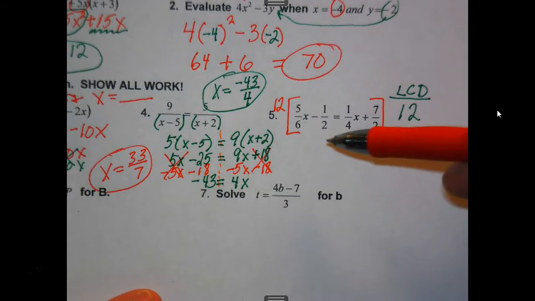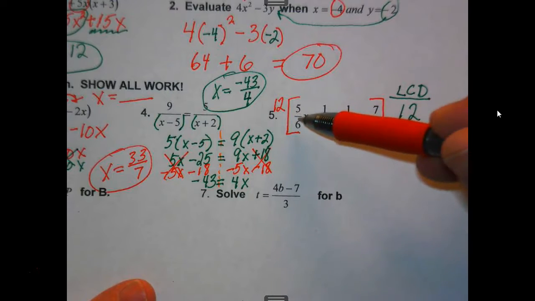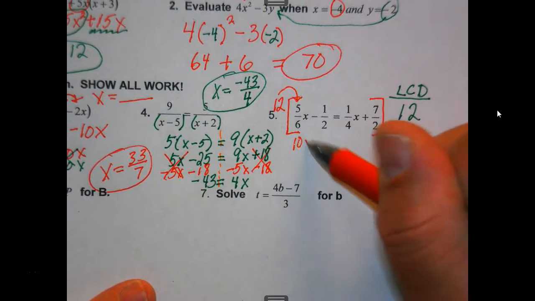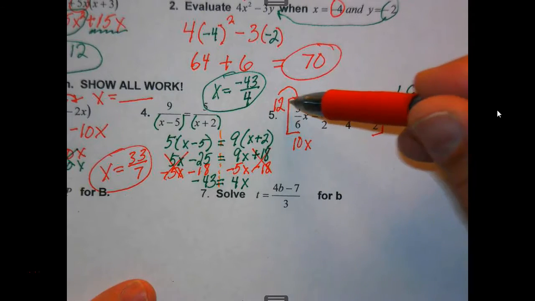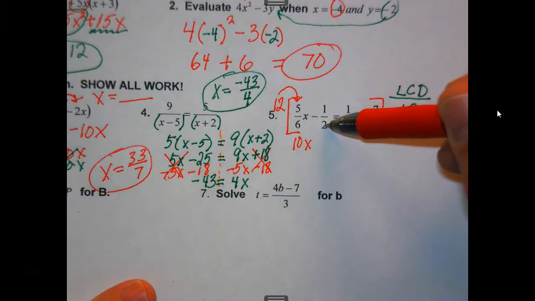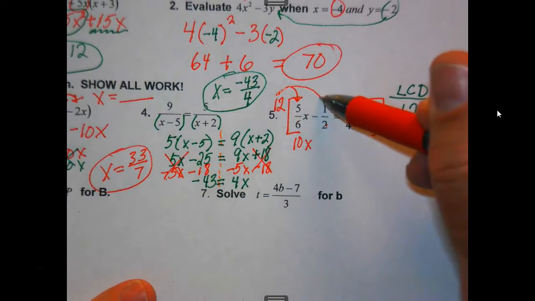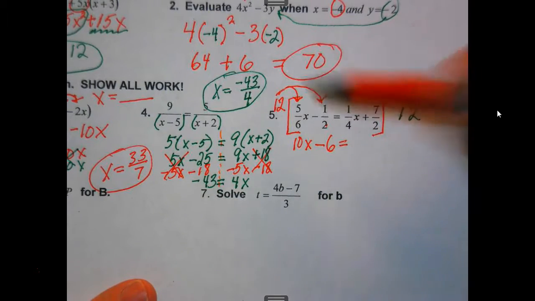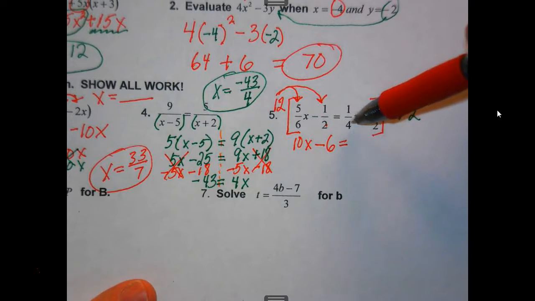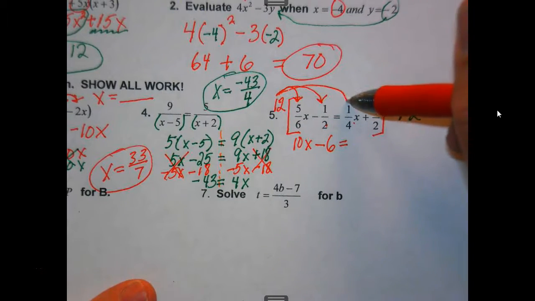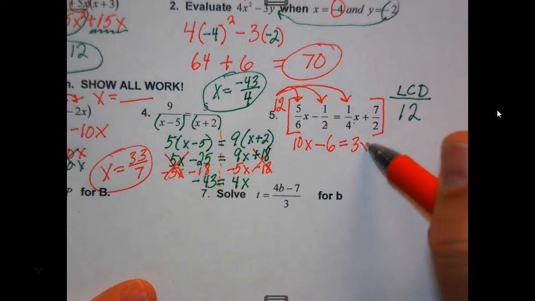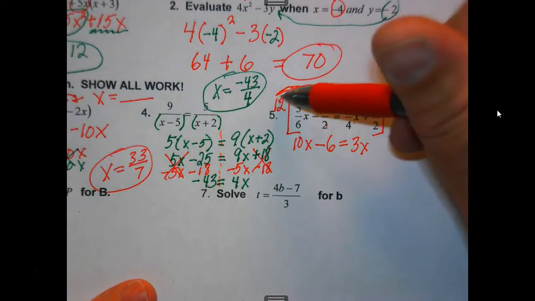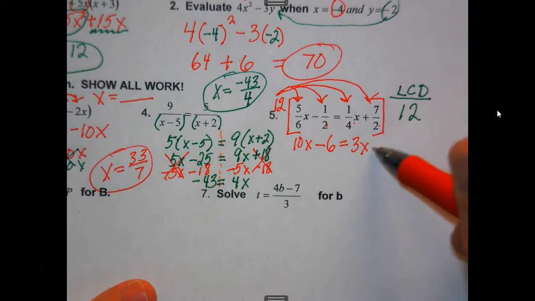This is how I do this in my head. 12 divided by 6 is 2. 2 times 5x is 10x. 12 divided by 2 is 6. 6 times 1 is 6. 12 divided by 4 is 3. 3 times 1 is 3x. 12 divided by 2 is 6. 6 times 7 is 42.